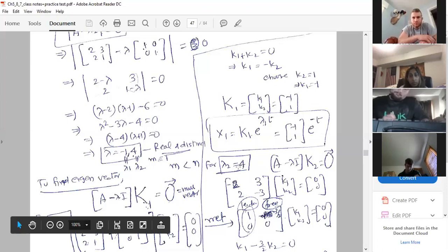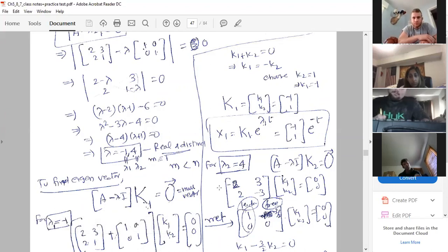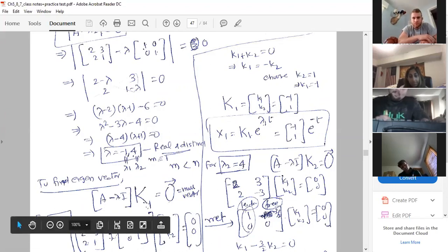If you do like this, A minus lambda equal to 4, A minus 4I. So 2 minus 4, first is -2. 3 minus 0, it is 3. 2 minus 0, it is 2. And again, 1 minus 4, it is -3. So my matrix is different over here now.